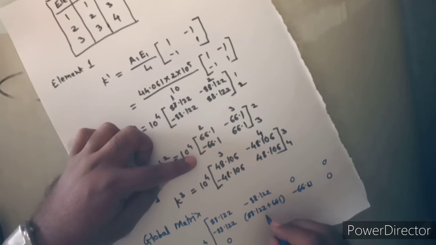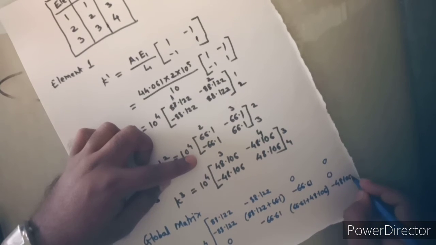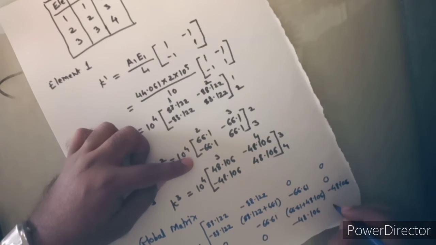Here 0, here minus 66.1, then here the addition of both, 66.1 plus 48.106, minus 48.106, then next 0, 0, 48.106 with a minus, and here 48.106.